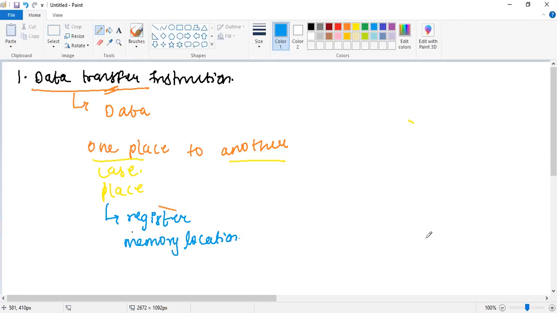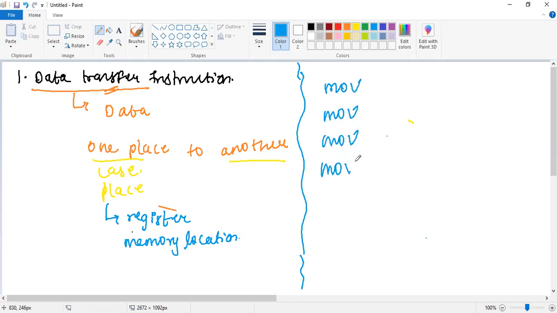So if we make a combination, I hope you all know permutation and combination. We have two only, so how many combinations can we make? We can make around 4 combinations.